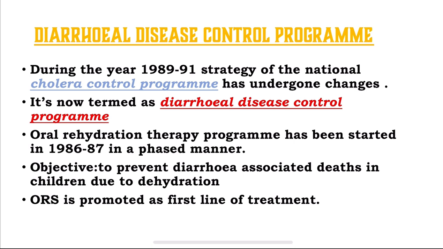ORS is promoted as the first line of treatment in the diarrheal disease control program. So we need to educate the people to make use of the oral rehydration solution in cases of diarrhea and cholera.